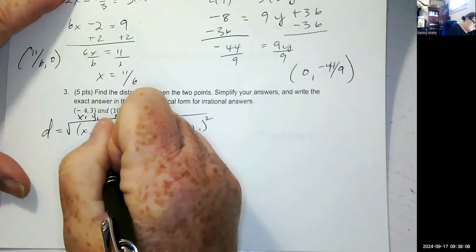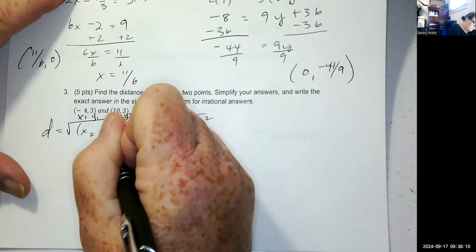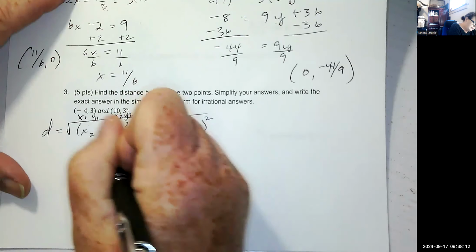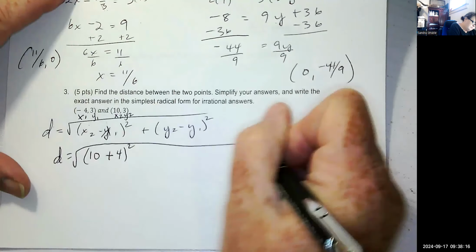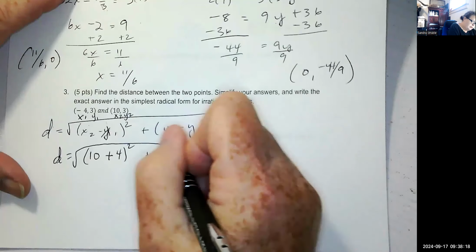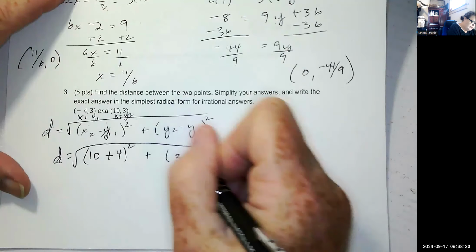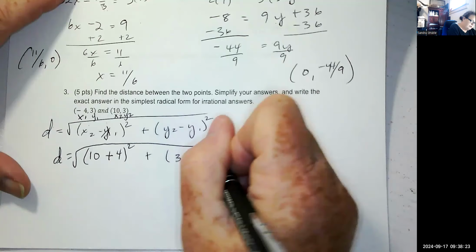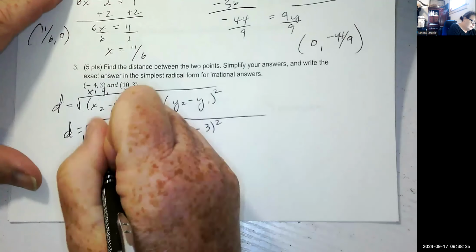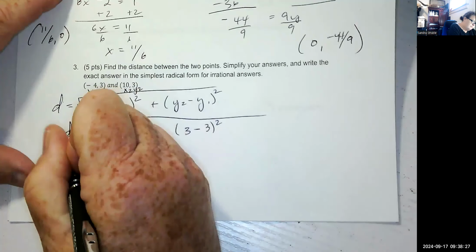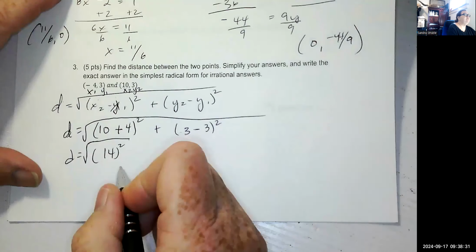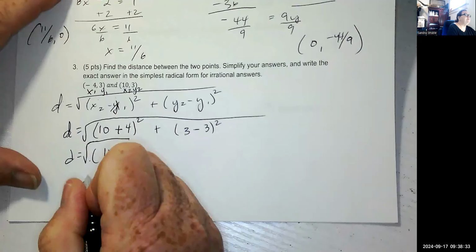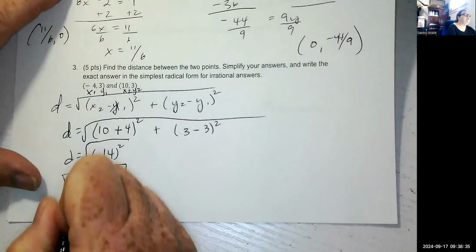So 10 minus -4, so that makes it a +4 squared, plus y sub 2 is 3 minus y sub 1 is 3 squared. 10 plus 4 is 14 squared. 3 minus 3 is 0, 0 squared, 0. So the square root of a square is, the distance is 14.